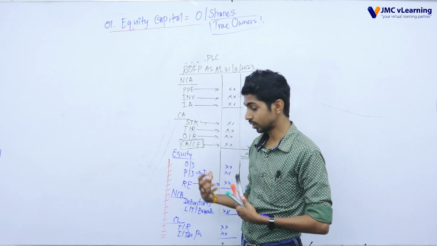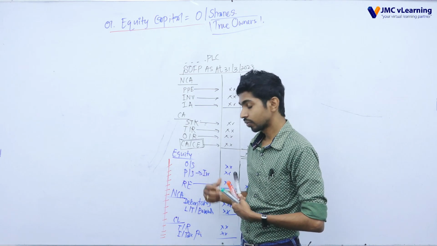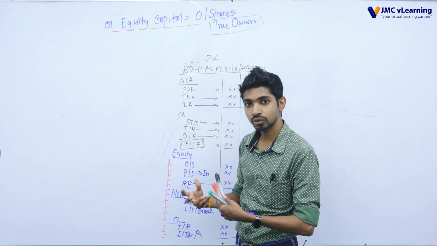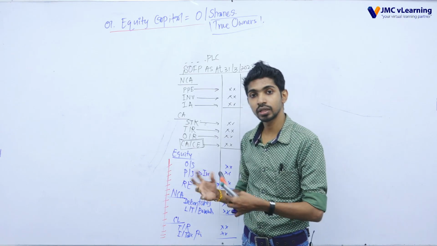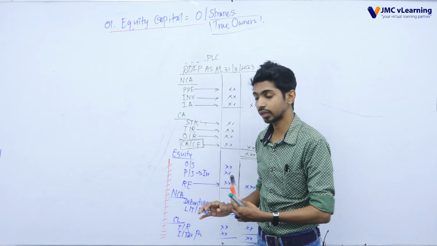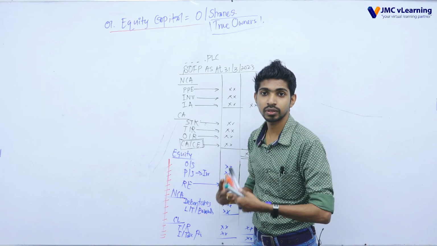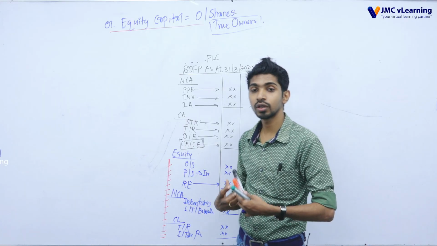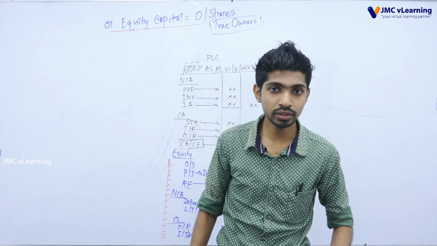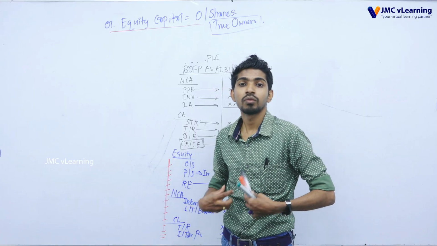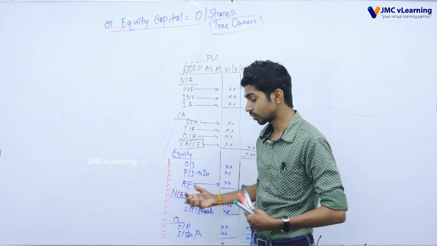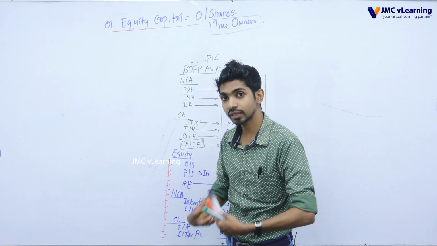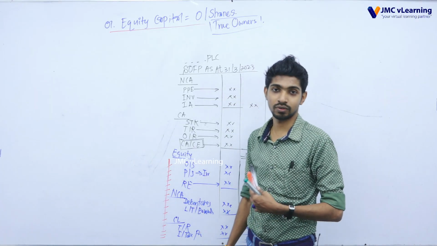If it is not enough, then again I can go to the preference shareholders. The preference shareholders I can divide into redeemable, irredeemable, likewise, based on our agreement. Then retained earning. Retained earning means if I earn profit, I will not distribute among the shareholders. It is kept for future purposes on behalf of the organization. That's why we call it retained. Earning has been retained for future business activities.